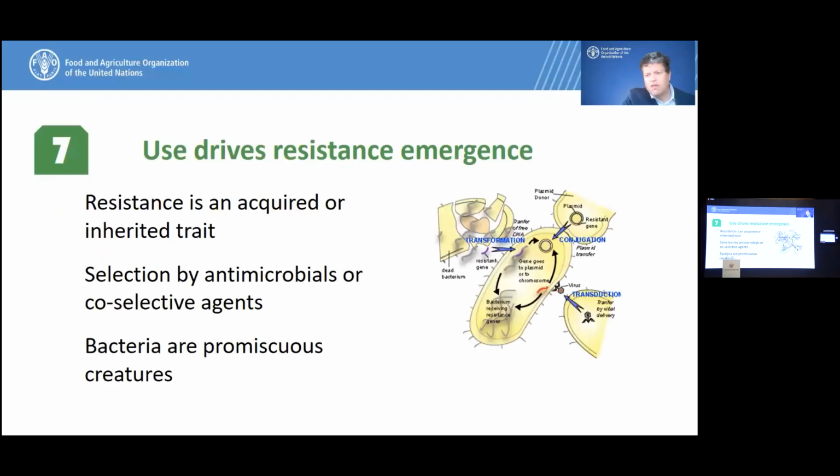The seventh point I want to highlight here is that antimicrobial use drives resistance emergence. So this addresses that first factor that I just mentioned in terms of contributing to the problem.